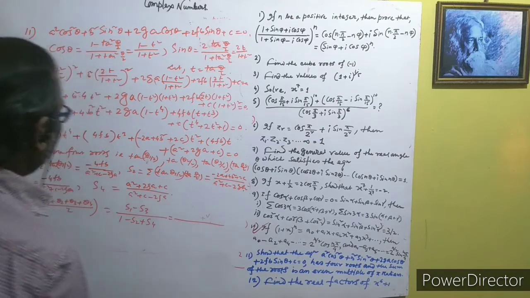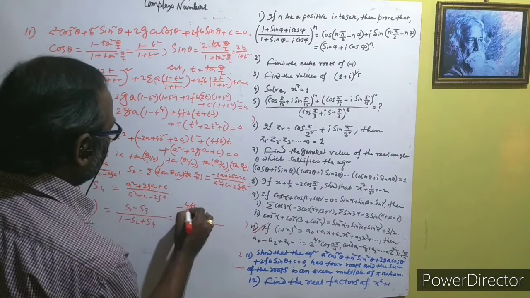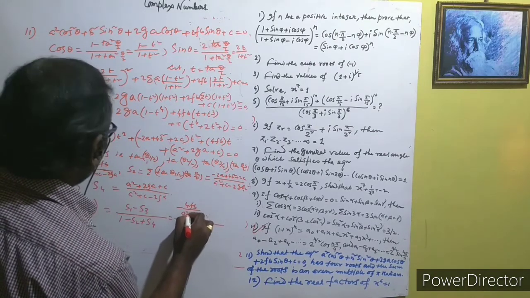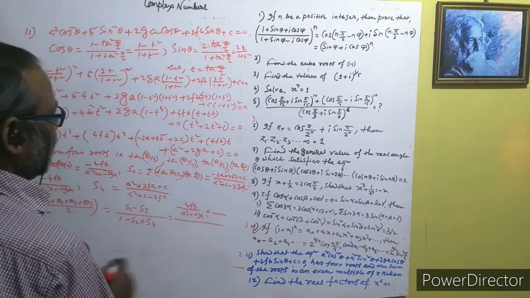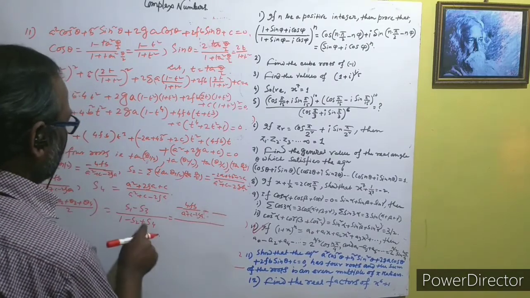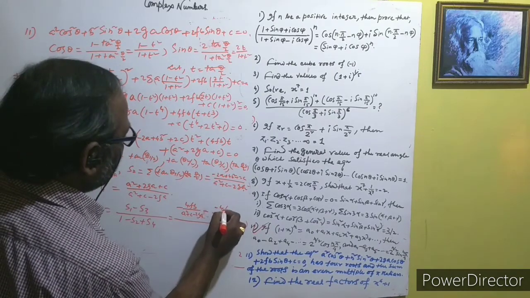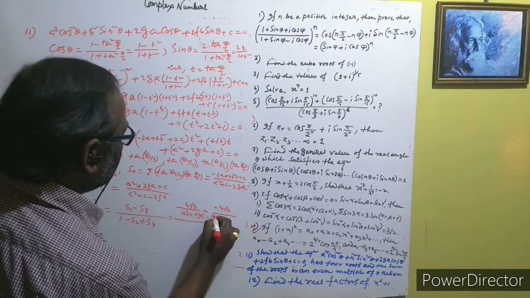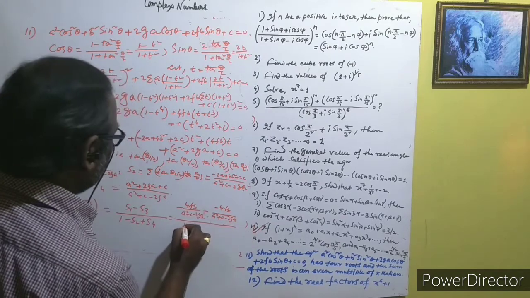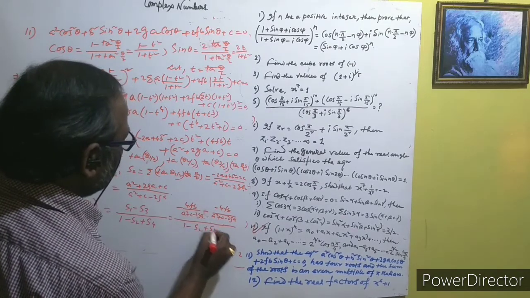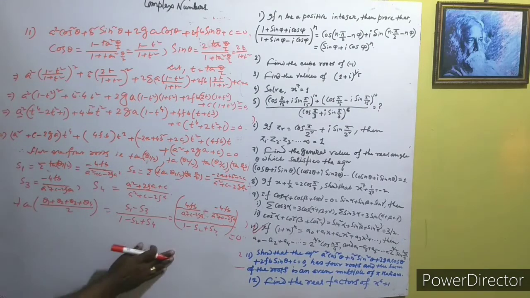So S1 is minus 4ab by a square plus c minus 2ga, and minus S3 is this, okay. So this is 0 in the numerator. And the denominator 1 minus S2 plus S4 is never 0.